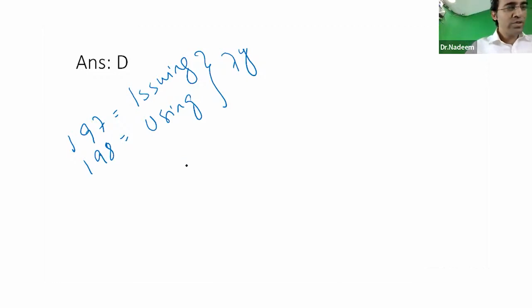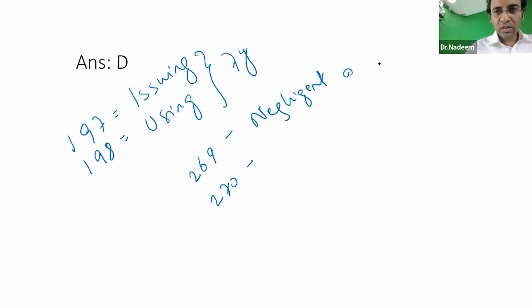IPC 269 and 270. A negligent act likely to spread a disease dangerous to life is a punishable offense.